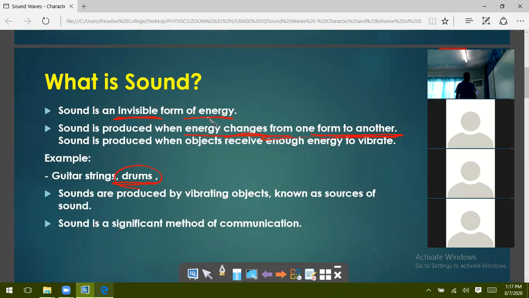Sound is produced by vibrating objects known as a source. So when sound is produced, it has to come from some source, which is known as the source of sound. Say, for example, a string is a source. Like I'm talking right now, the sound that you hear, I am actually the source, and you are on the receiving end, but sound needs to travel through a medium to fulfill the concept of communication.